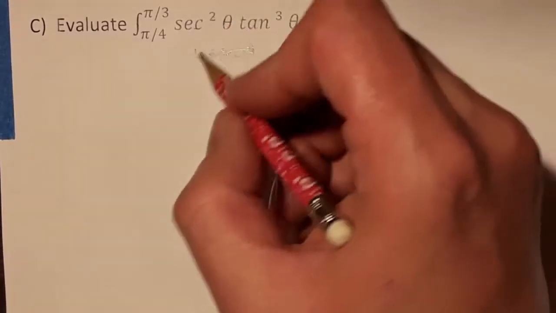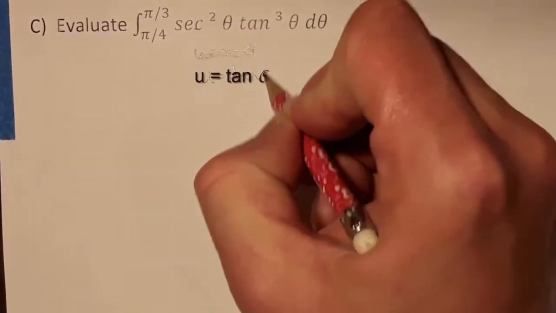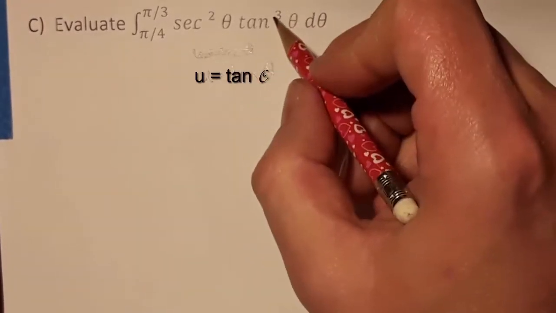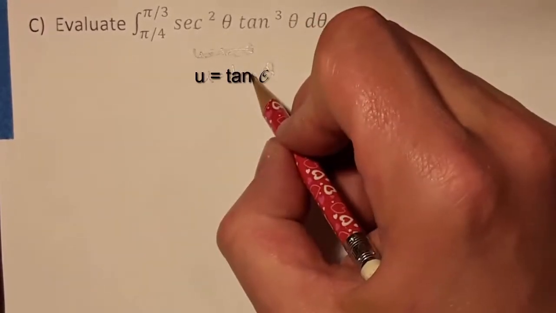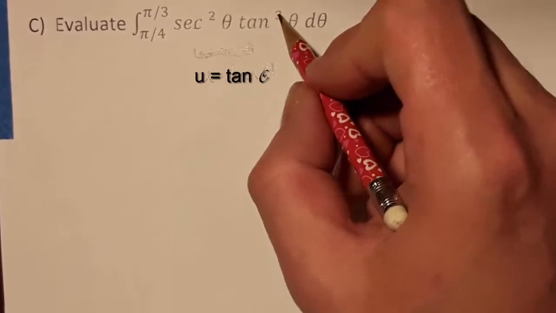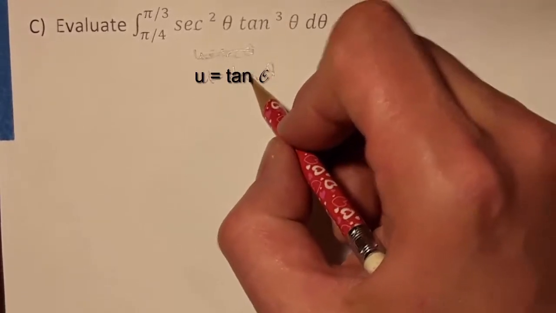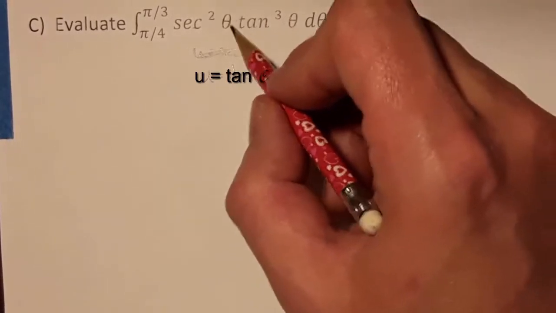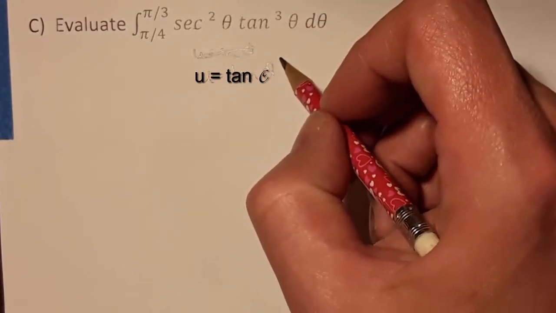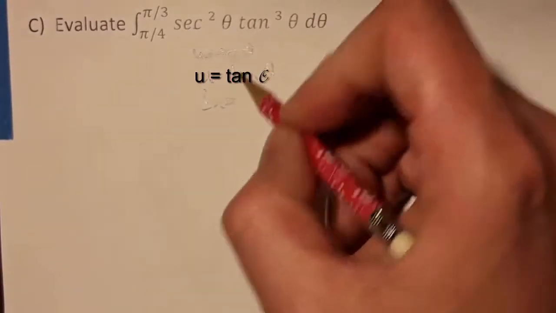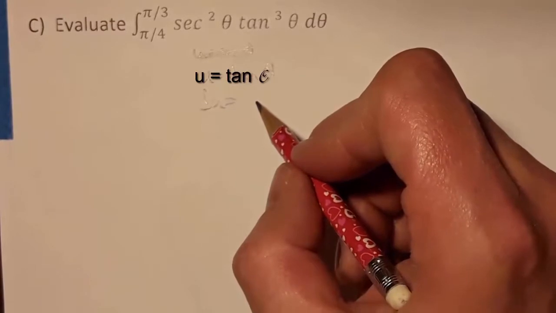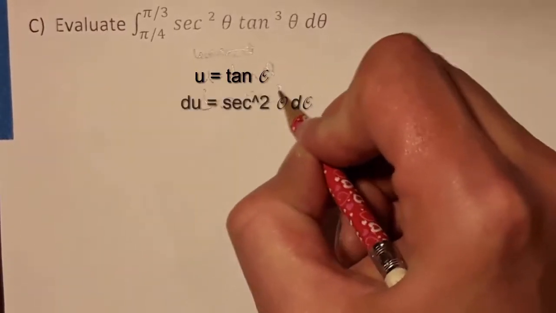However, if I play it the other way around, if I let u equal tangent theta, it doesn't have to be tangent cubed. As long as u is tangent, I can rewrite the integral as u cubed, and I will therefore have tangent cubed. I will knock out all this stuff. It also works out well because du, the derivative of tangent, is secant squared.